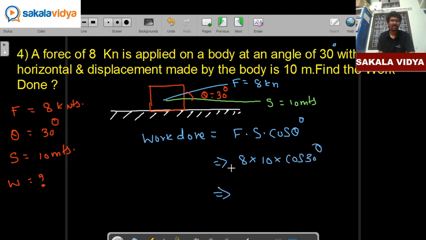So simply if you solve this, you are going to get the answer 69.28 joules. So when a force of 8 kilonewtons is applied at an angle of 30 degrees with the horizontal and displacement made by the body is 10 meters, the work done by the body is how much? 69.28 joules.